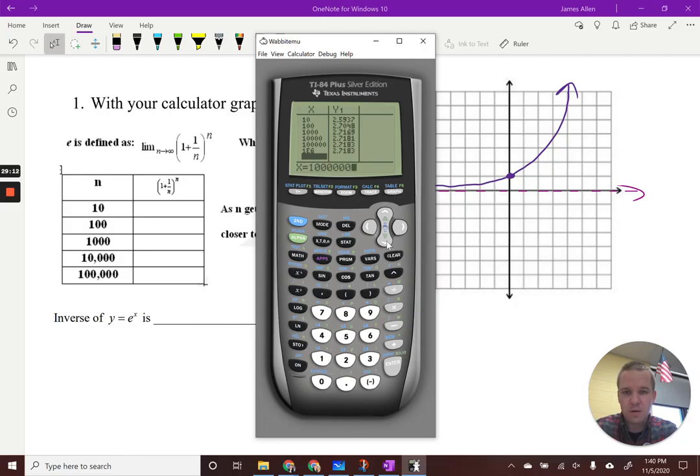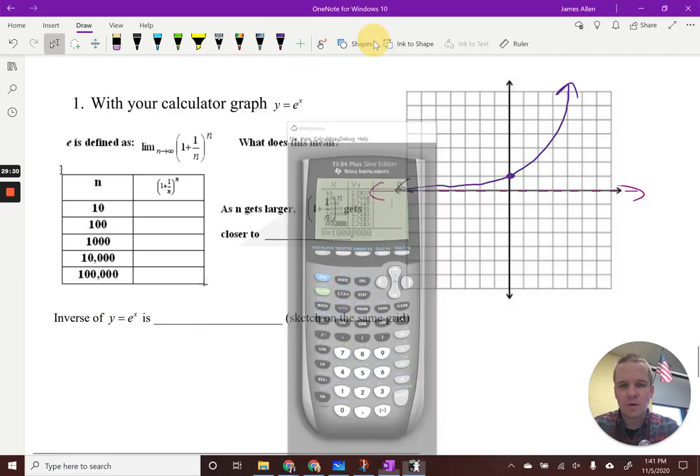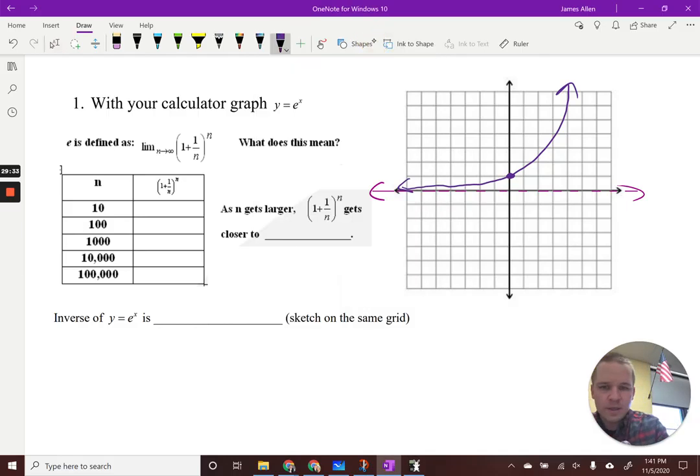If I keep on, they don't have enough room over here anymore, but we're approaching the same number, 2.7183, and it goes on forever. We're eventually approaching the same number over and over. That's interesting, isn't it? We keep getting closer to that 2.7183.